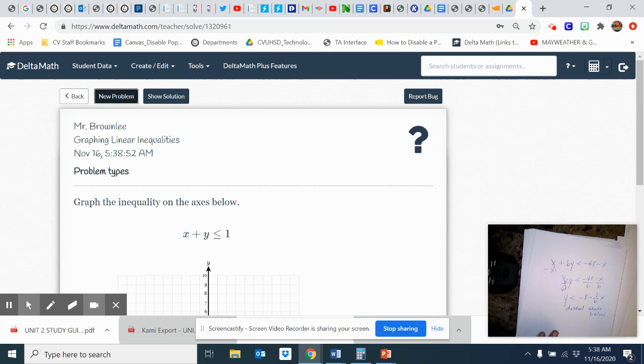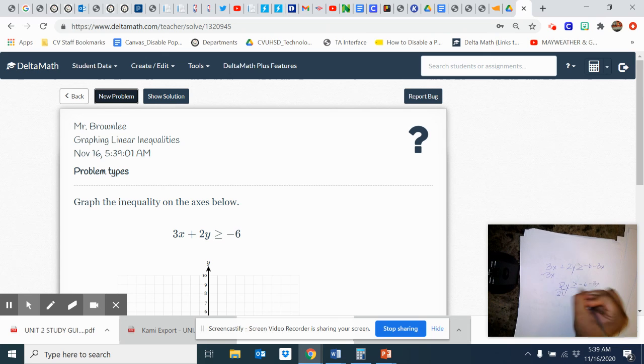Okay, let's do this one. This one you don't have to divide, so let me give you some coefficients in there. All right, this one right here. So 3x plus 2y greater than or equal to -6. So we subtract 3x: 2y greater than or equal to -6 minus 3x.